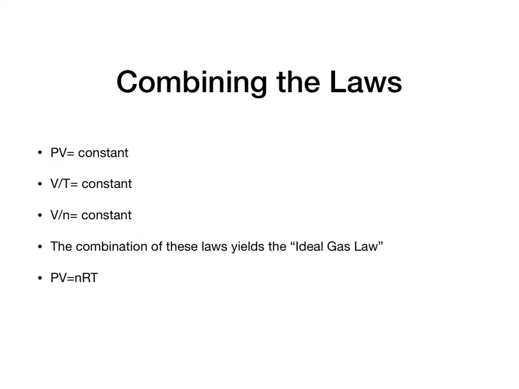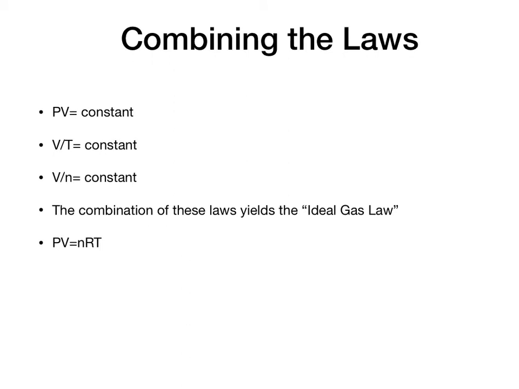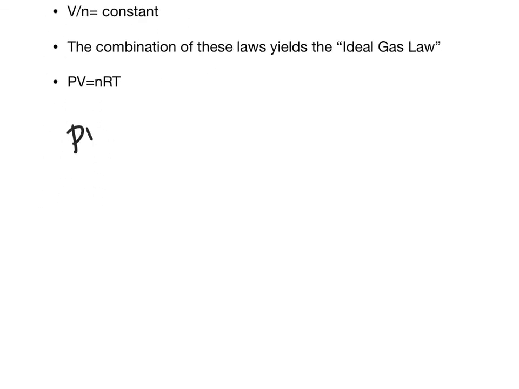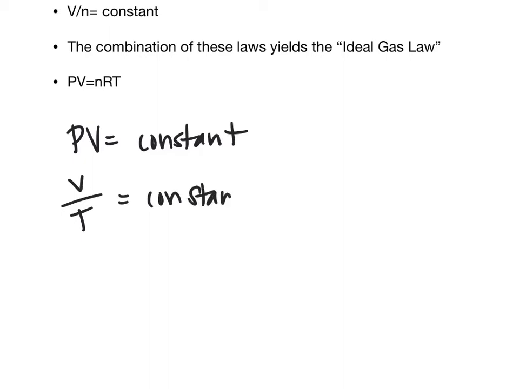So together, we can say that PV equals a constant. We know that V over T equals a constant. And V over n equals a constant.